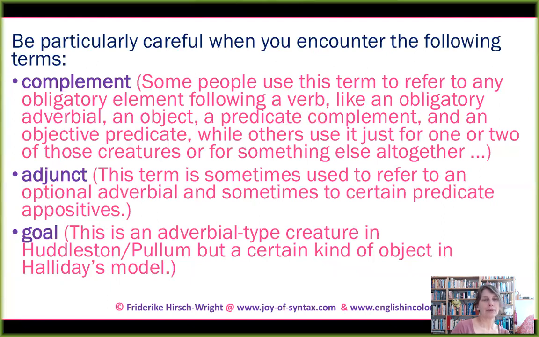And with some people, it's just one or two of those. And with some people, it's something else altogether. Some people, for instance, say that all prepositions need complementation, because a preposition is followed by a noun phrase or a noun-like creature, and that is by some people called prepositional complementation, or just complements to the preposition, or just complements.